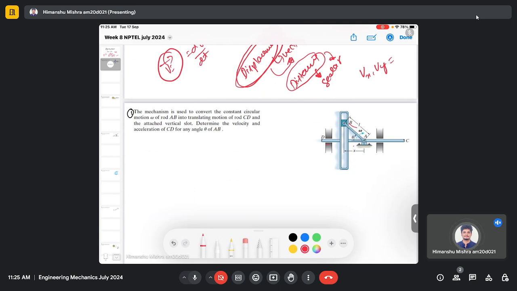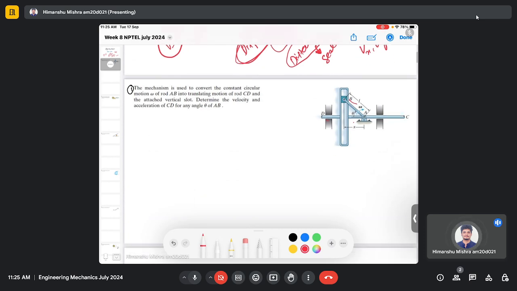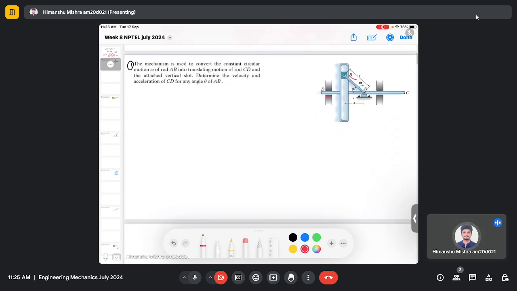So one part produces an absolute motion which makes the other part move, and we need to find variables like angular velocity, velocity, and acceleration on the other part. We will look at this in the first few problems, and then we will move to the relative velocity problems.